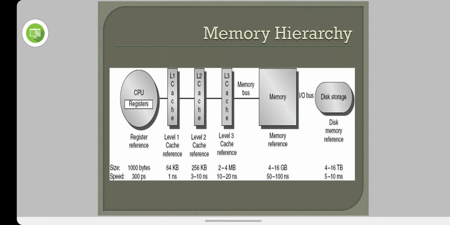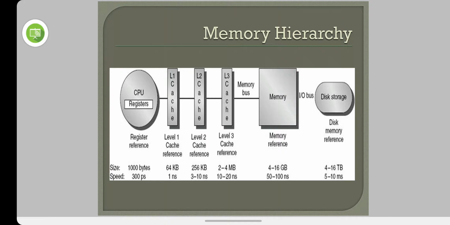We can have multiple levels of caches. Here it is showing 3 levels: L1, L2, and L3. L1 cache is 64 KB with 1 nanosecond speed. The L2 cache is 256 KB with 3 to 10 nanoseconds speed. The L3 cache is 2 to 4 MB with 10 to 20 nanoseconds speed.